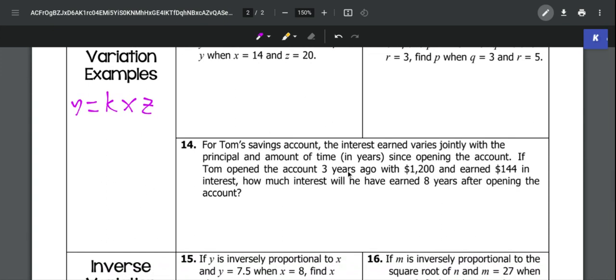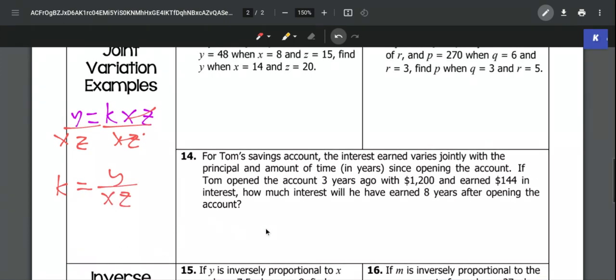So if we want to figure out what k is equal to here, we would just divide by xz, which is just for your information. But make sure you understand this. So when we set up whatever k is equal to, we'll have k is equal to y over xz.